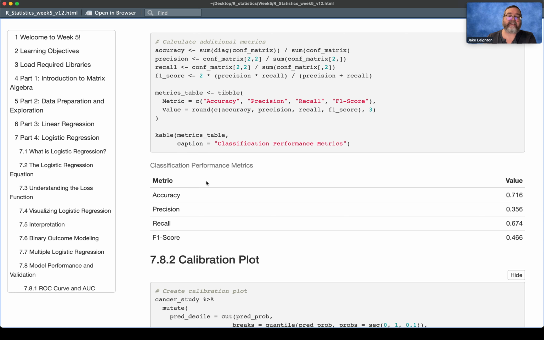So our accuracy is our true positive plus our true negative divided by everything else: true positive, true negative, false positive, false negative. It's a general measure of how well the model is performing overall, overall accuracy in every aspect. Our recall is exactly the same as our sensitivity.